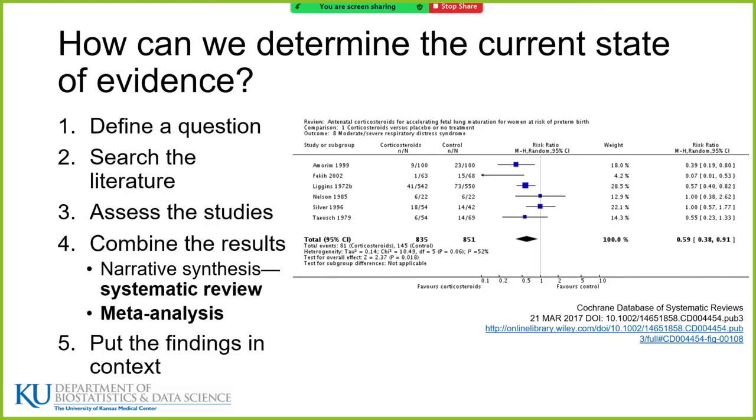So let's focus a little bit on how do we combine the results? Underlying this is just a regression model. It's a regression model that tries to take the individual treatment effects from each of the studies and average them.